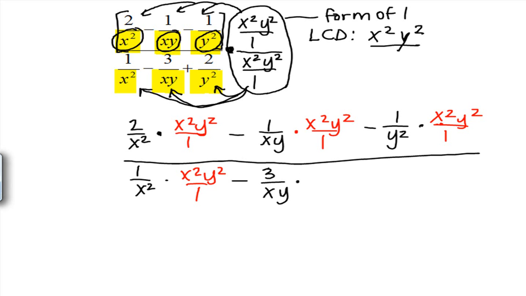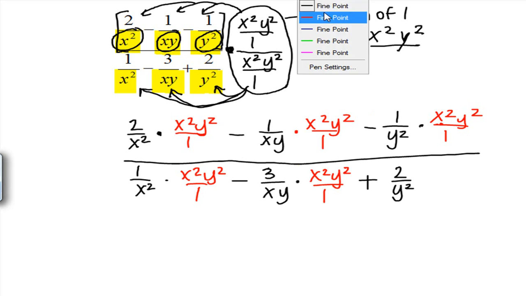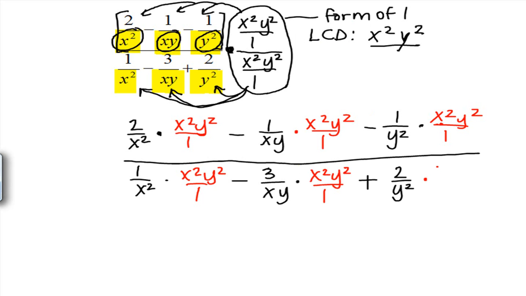I'm going to multiply that by x squared y squared over 1. And my last term was a plus 2 over y squared. I'm going to multiply that as well, x squared y squared over 1.